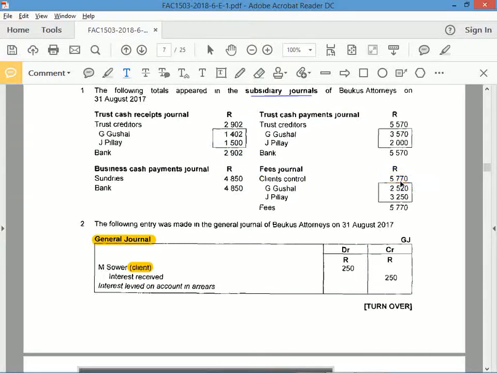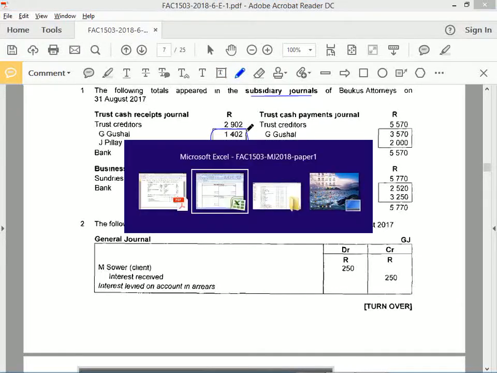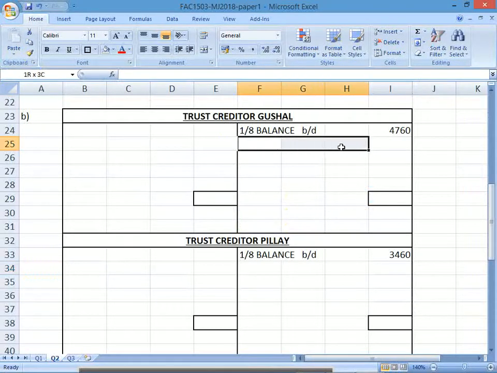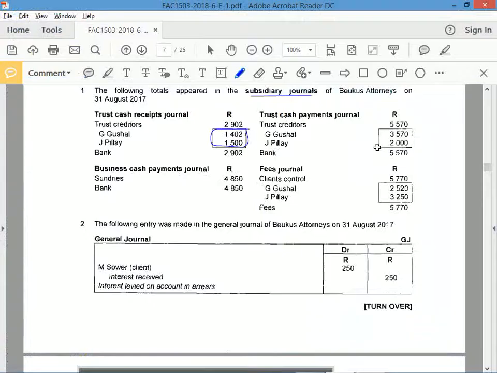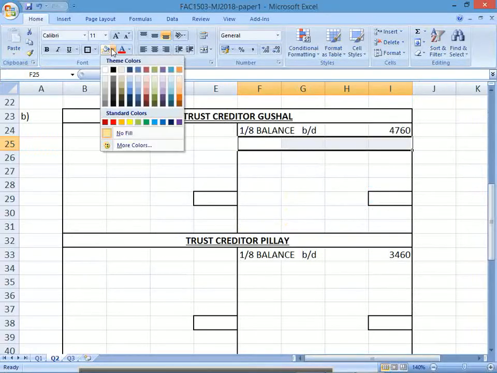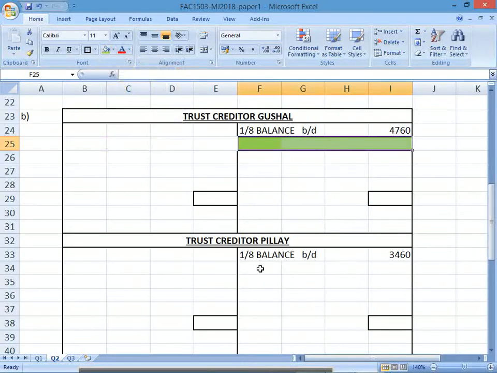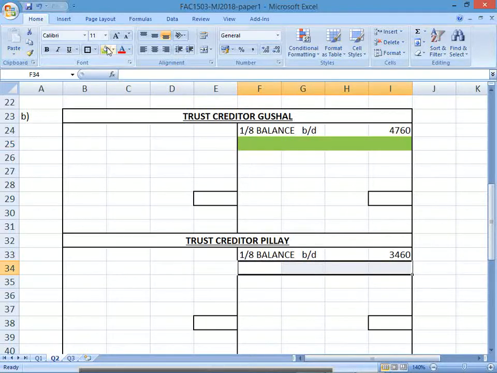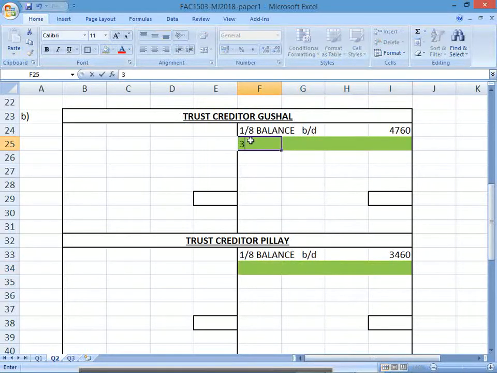Okay, so I want to know if these journals affect those individual clients. The first journal is the trust receipts journal. Did I receive more money from them? Yes, I did. See, that I've already recorded anyway, okay, as a total. But I'm going to record it here again. This was for G and P. So you're going to record an increase there and there from the bank. 31st of the 8th, bank.